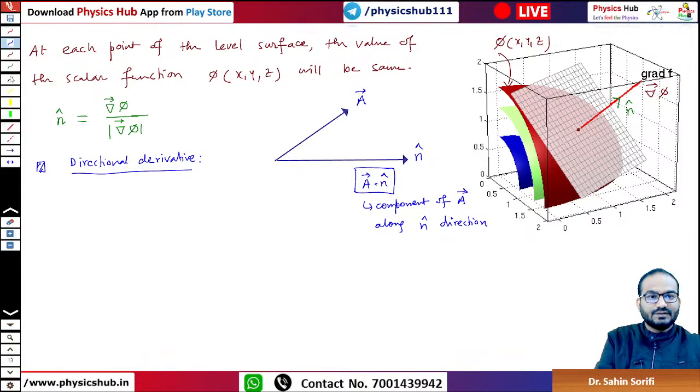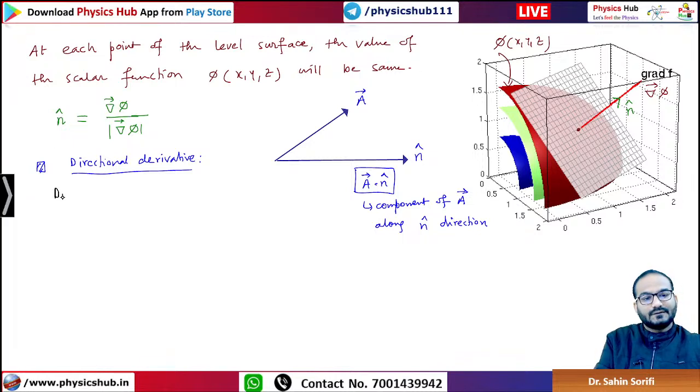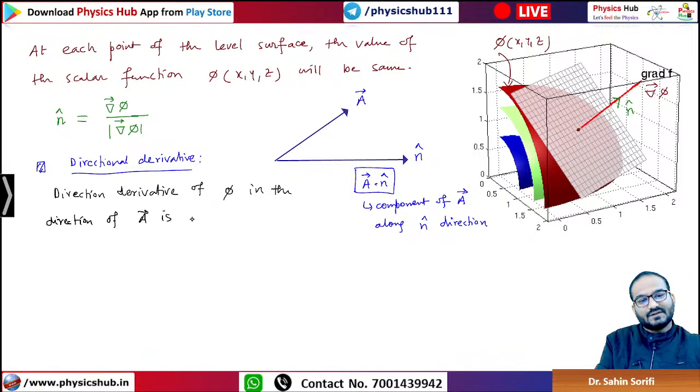Okay, so let's define this. Directional derivative of phi in the direction of a is defined as, so you just simply compare with this. So what thing we have defined? We have defined the derivative of phi. So derivative of phi is basically represented by grad phi.